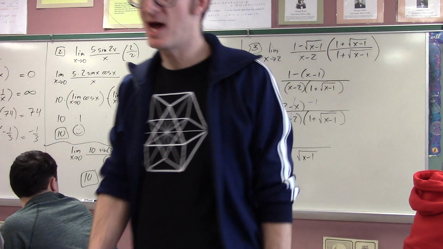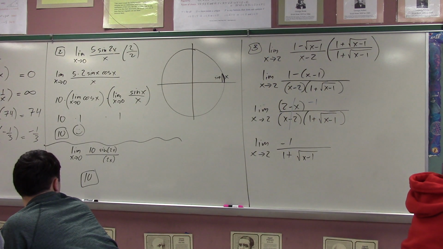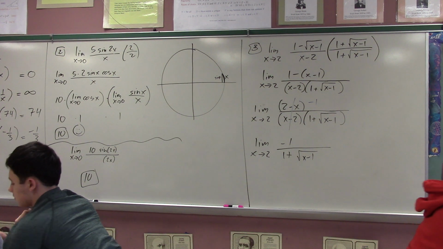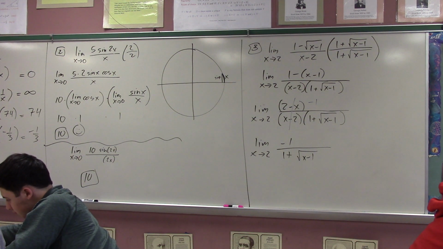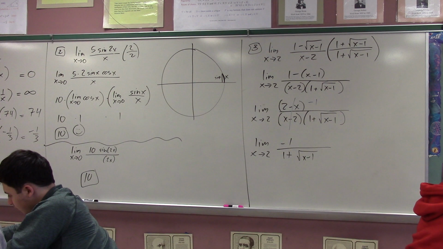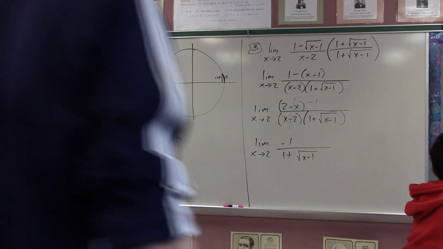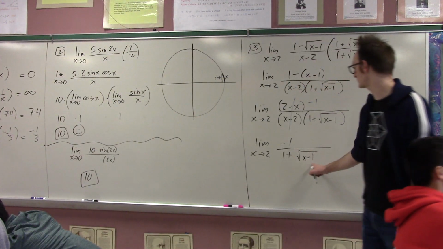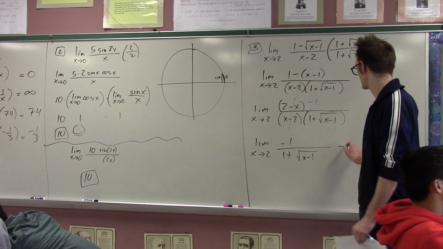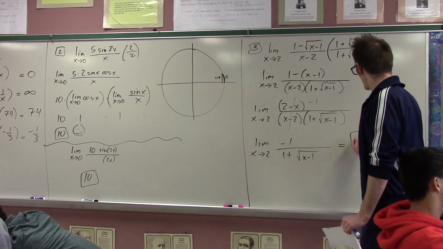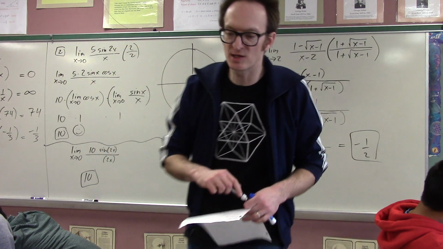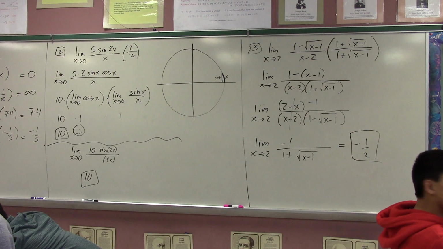And now I should once again just casually try to plug in 2. It's no longer indeterminate. If I plug in 2 now, what do I get? -1/2, because this 2 minus 1 is just 1, the square root of 1 is just 1, so this is -1/2.